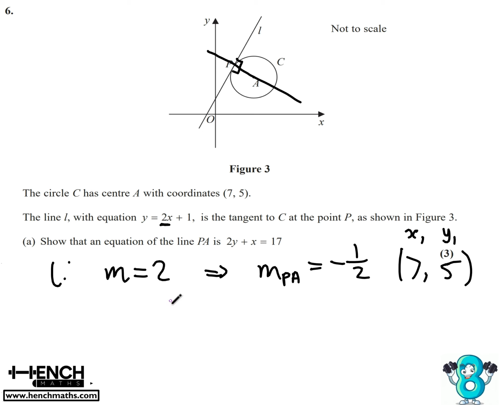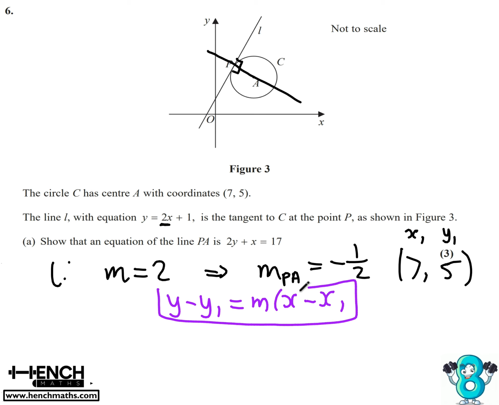So the equation to find straight lines, y subtract y1 is equal to m multiplied by x subtract x1. And so we know the gradient and we know the points that we're using. Putting all of our information into this formula, we're going to get y subtract 5 is equal to negative a half multiplied by x subtract 7. I'm going to times everything by negative 2.